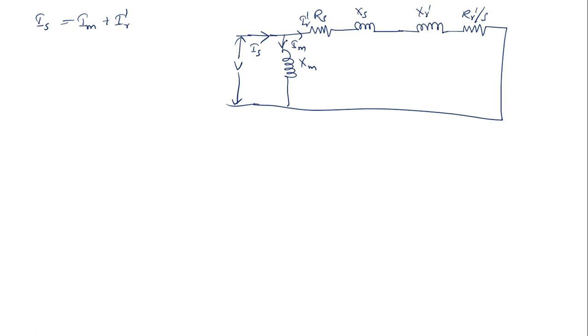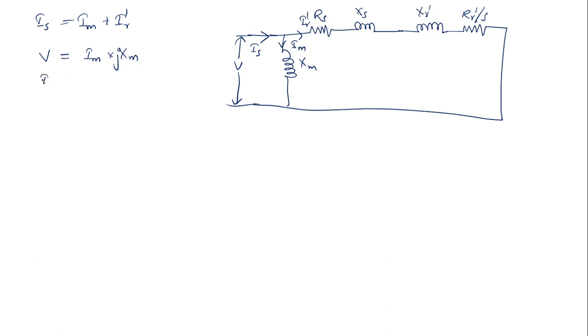To find the magnetizing current, you can see that the voltage V is applied directly to the magnetizing reactance. So the voltage across the reactance is V, equal to IM into XM, and since it's reactance, I include the complex term, J into XM.